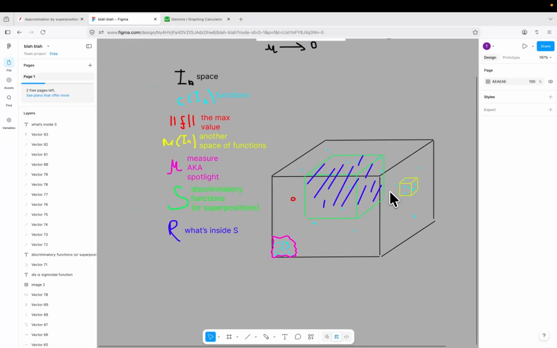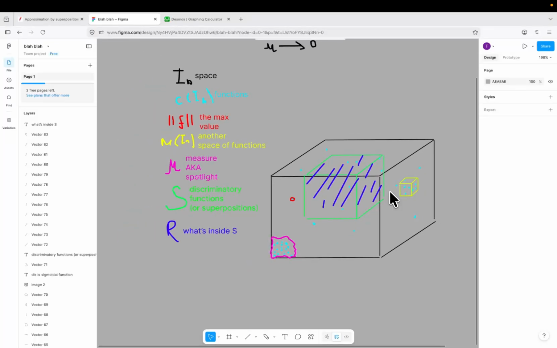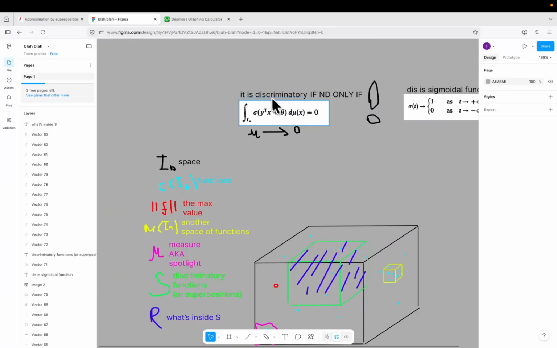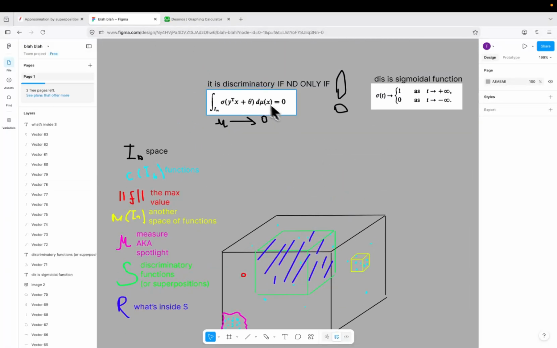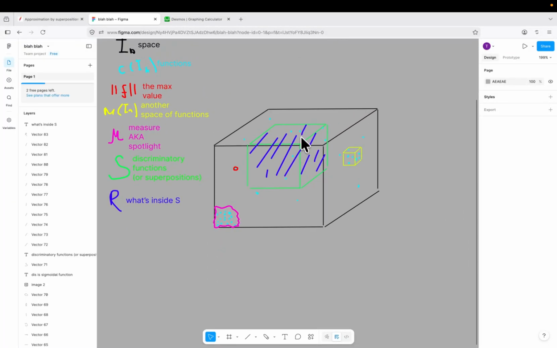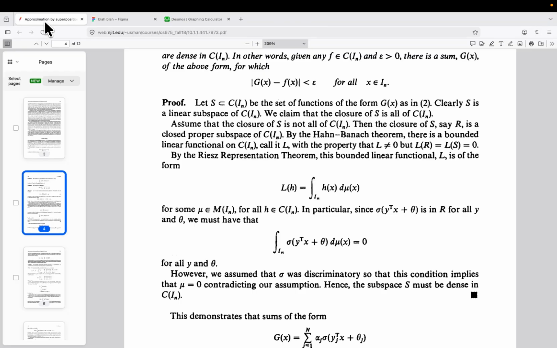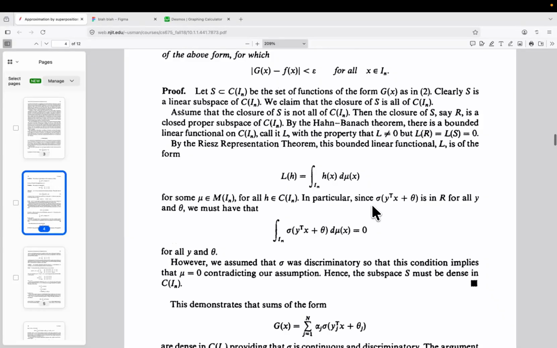We've assumed that this is discriminatory, and the only mu for which this is 0 for all of them is 0, but this guy says that it's not 0. There is a contradiction. That's it.